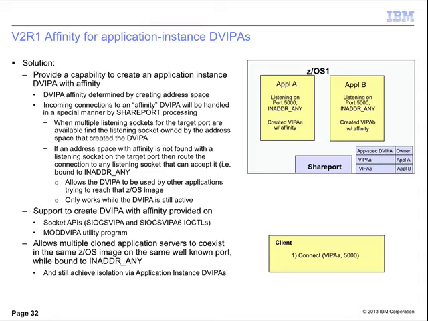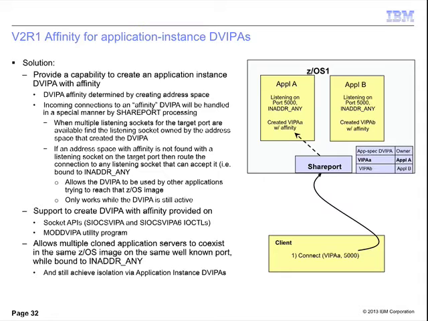So now if the client connects in saying VIPA A port 5000, and once again we have two applications listening on port 5000 but bound to INADDR_ANY, the shared port logic has an additional step now. It looks at this table over here and says, well, this came in to VIPA A, and look, I have an entry that says VIPA A has an affinity with the address space associated with application A, and so it will route directly to that particular application.